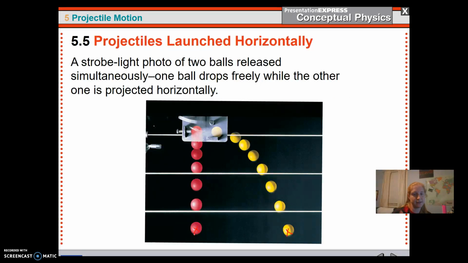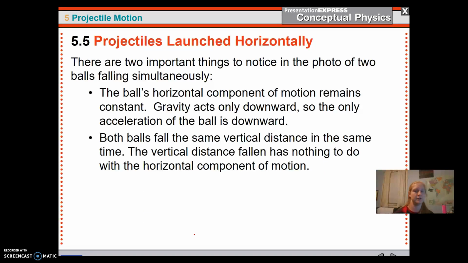Because once they're released from this position, the only thing acting on them is gravity. Okay? So gravity acts downward, both balls fall the same vertical distance from the top, and horizontally, the vertical distance has nothing to do with that free fall. So it doesn't matter how hard you throw it, it's still going to fall at 9.8 meters per second and hit the ground at the same time.